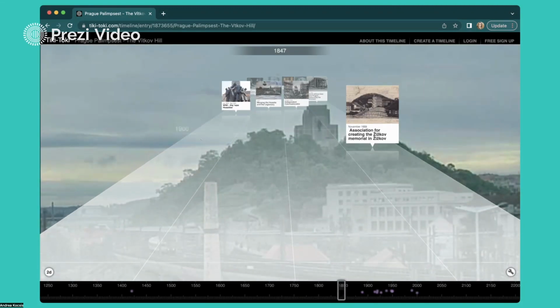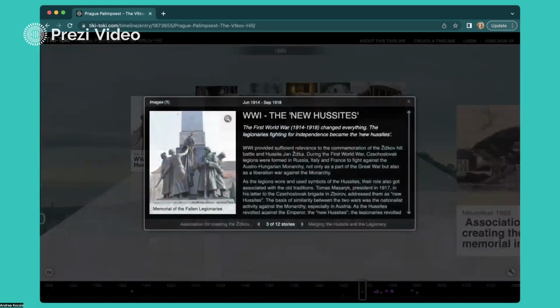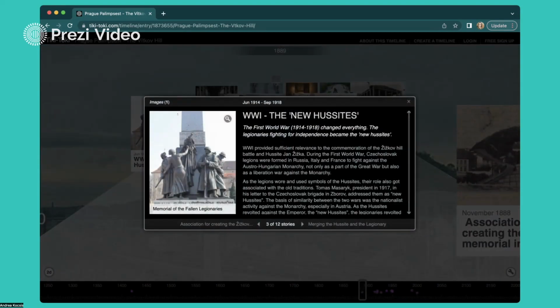But what happens? The First World War, which changes everything. In the First World War, Czechoslovak legions were formed in Russia, Italy, and France to fight against the Austro-Hungarian monarchy, and it was not only a fight against the Central Powers, but also a kind of liberation war against the monarchy. And these legionaries used symbols of the Hussites.